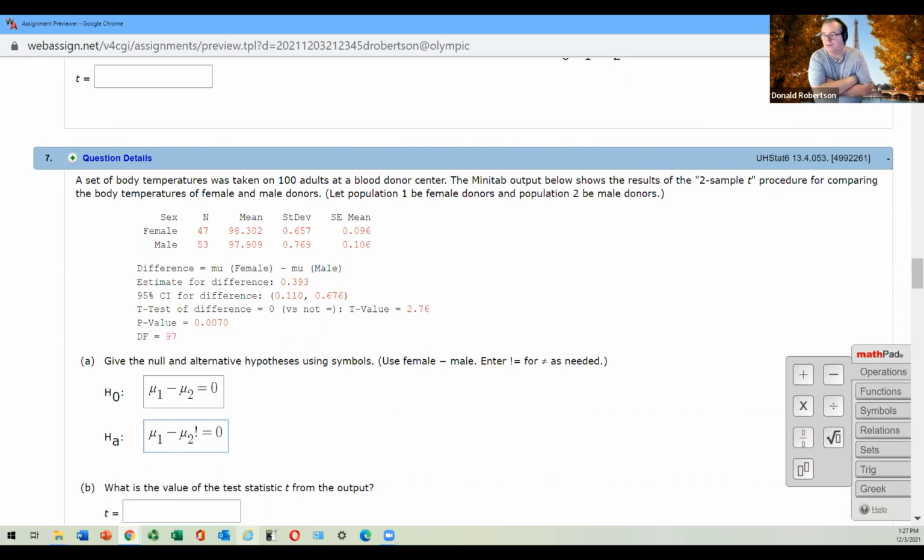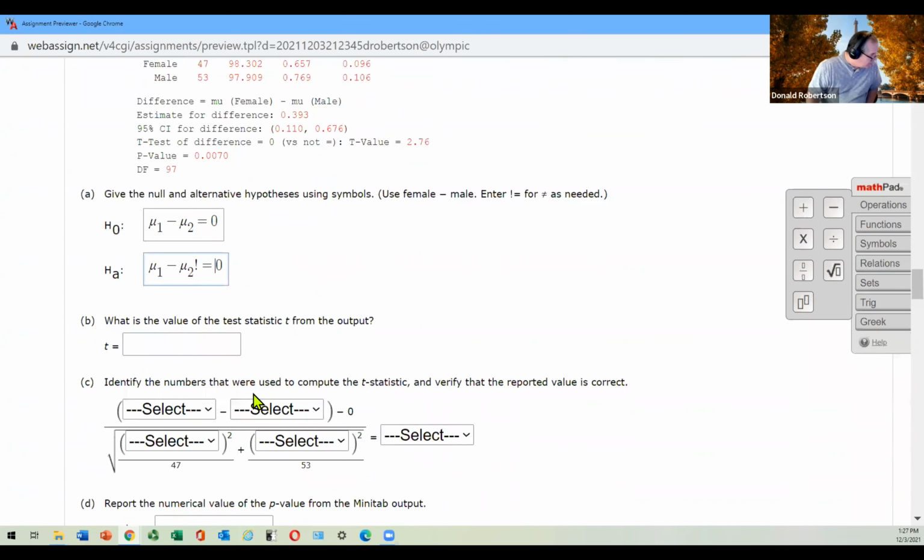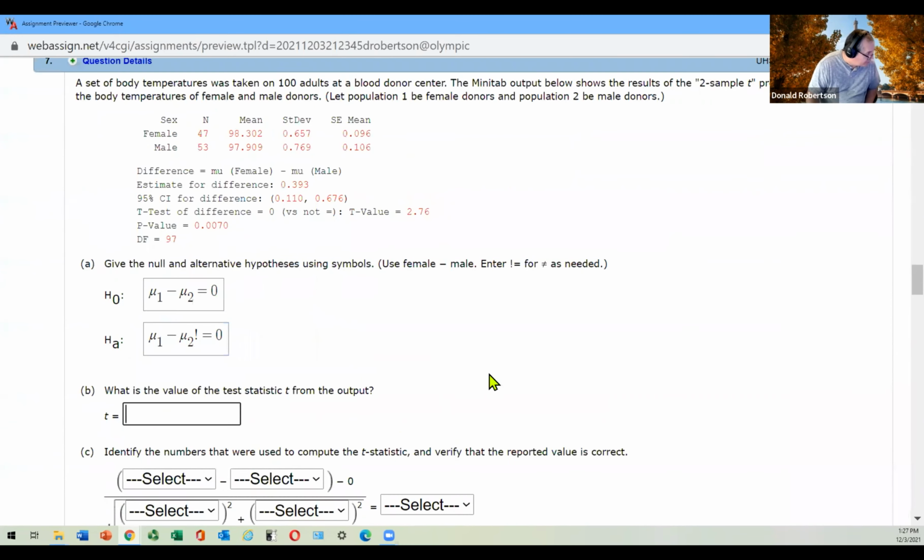I think they could have been more helpful and said, look, is there enough evidence to prove they're different, right? It would have been nice if they stuck that sentence in. Or that females are bigger than males, or that females are less than males, right? Something that tells me what to do. So work on the assumption, if there's no clues, that you're just trying to test that they're different, right? Not equal. Now, what is the value of the test statistic?